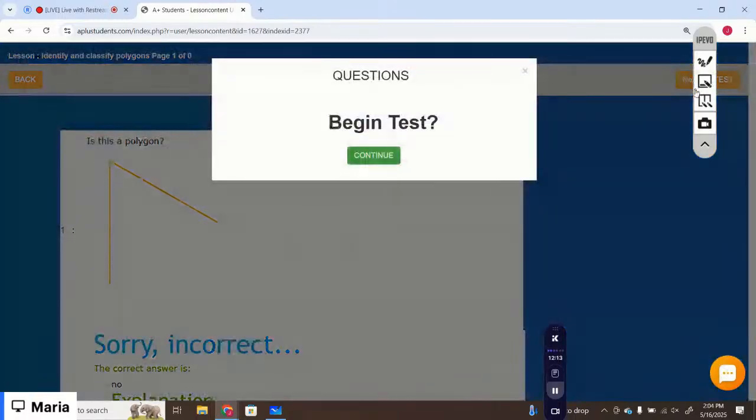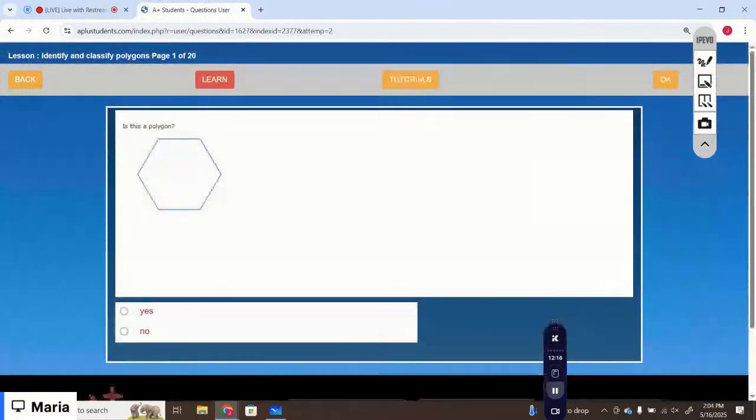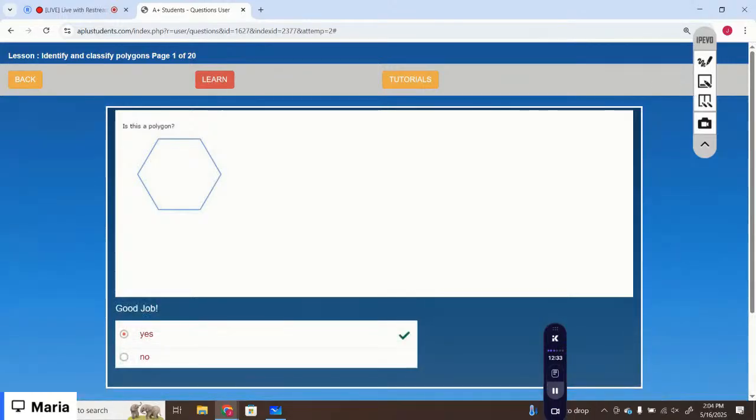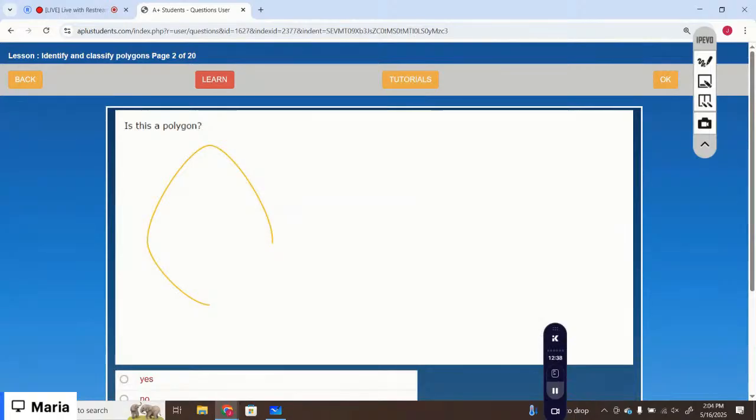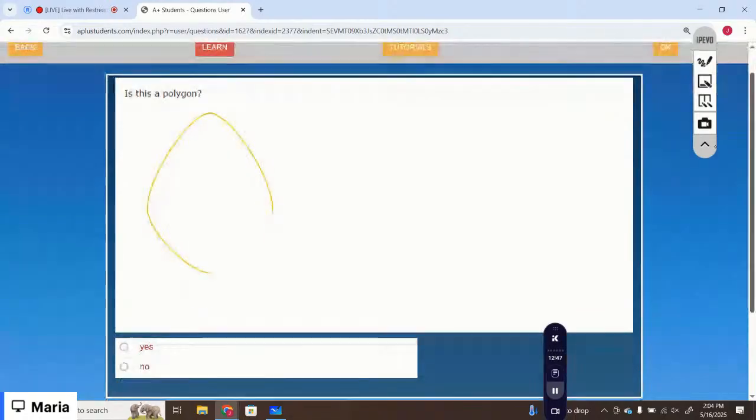Let's just start with the test question. Is this a polygon? Yes, it is a polygon. It's a closed shape, so it is a polygon. The correct option is yes. Is this a polygon?